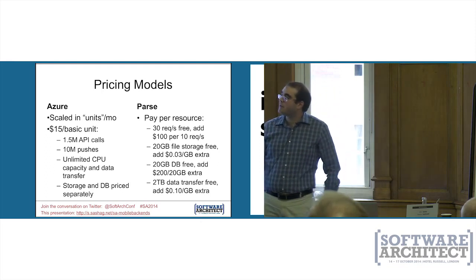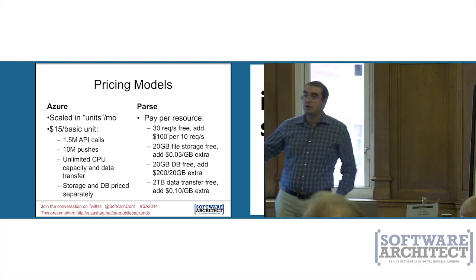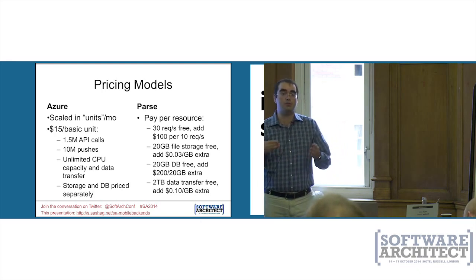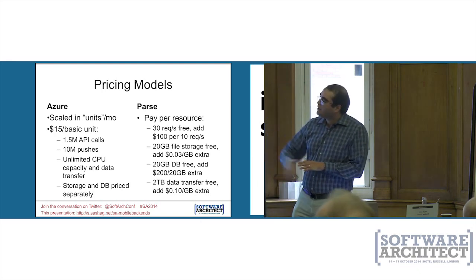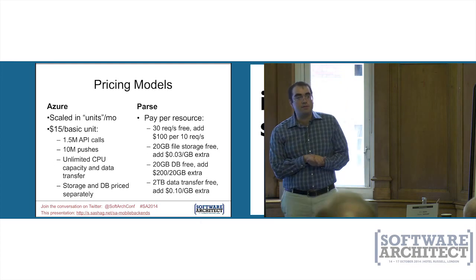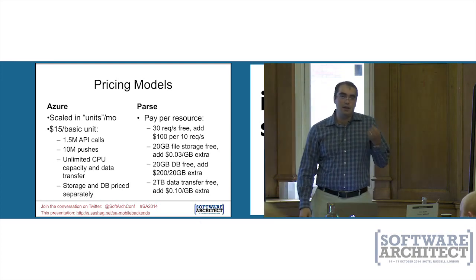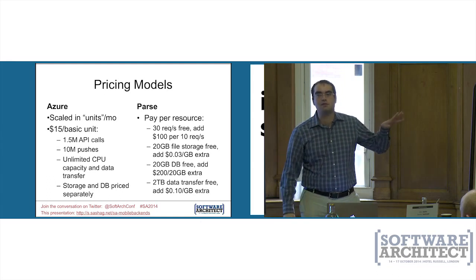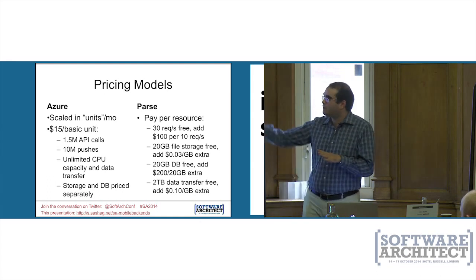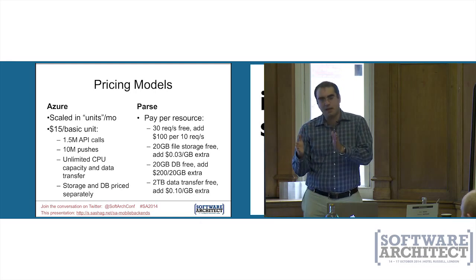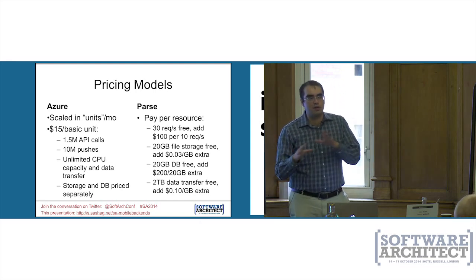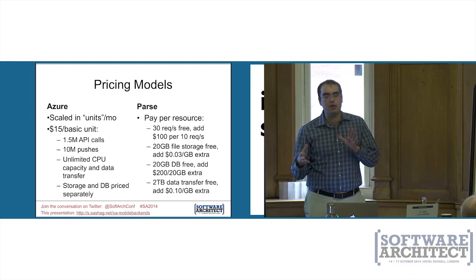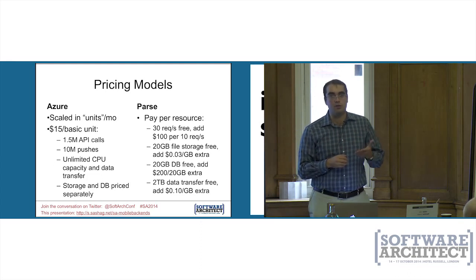So 1.5 million API calls, 10 million push notifications delivered to client devices, unlimited CPU capacity and data transfer, which means unlike other cloud services, you are not charged for whatever the mobile service is doing in the background. You pay the $15, you get this many API calls, this many pushes, regardless of how much actual traffic or how much CPU it required.